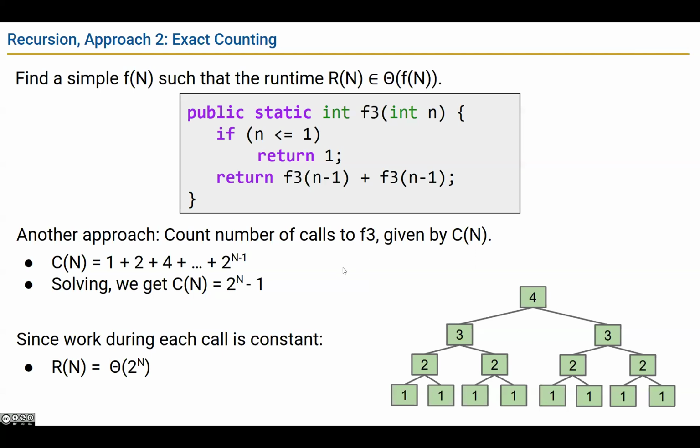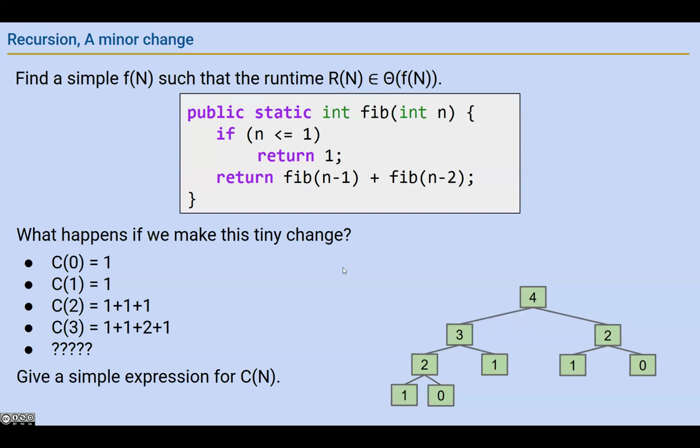Now, I want to make one slight change to this, just as a way to show how impossibly difficult it is to solve most problems. What is this runtime? I've just changed this n minus 1 to an n minus 2.